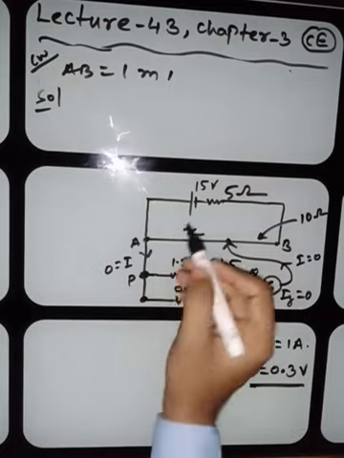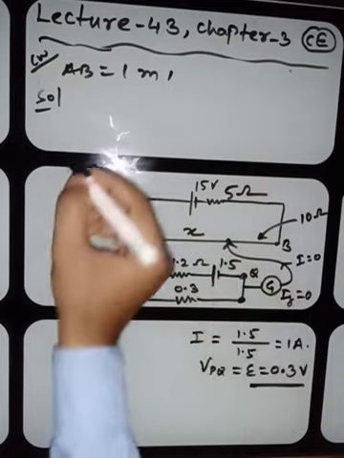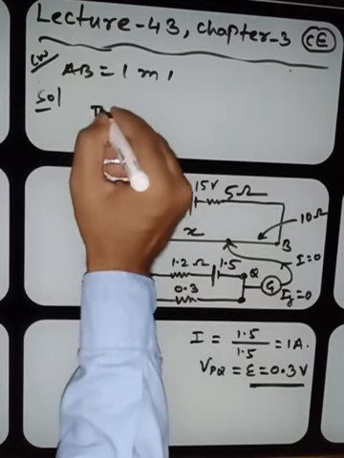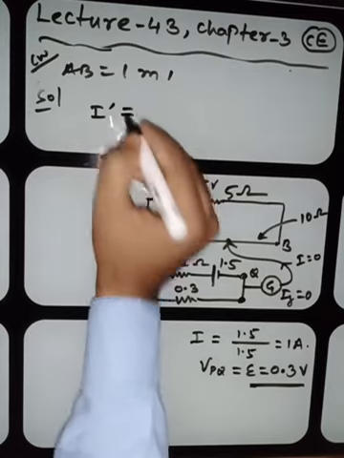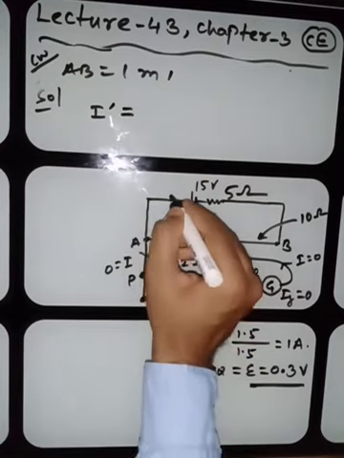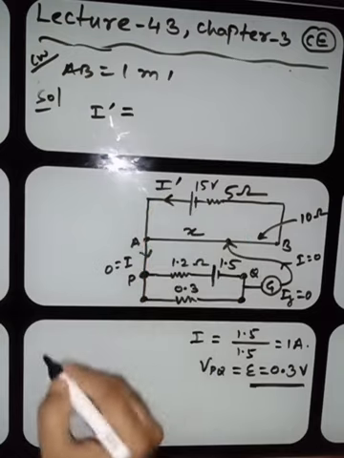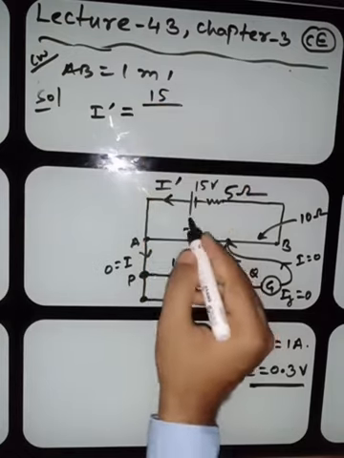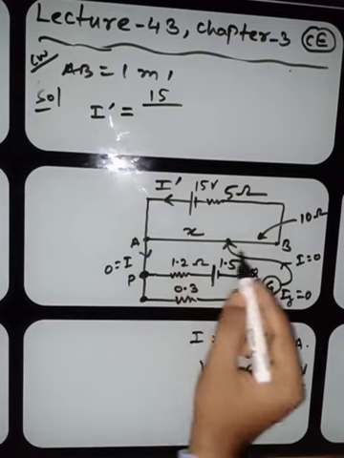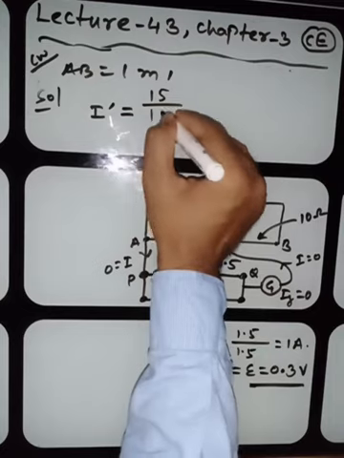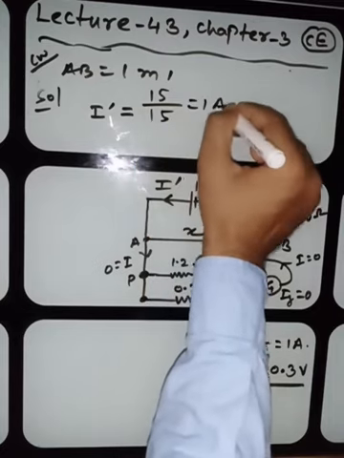Now try to find the current in this network to find phi. I will write the current in this network as I dash, because we have already used I here. I dash is the total potential, 15, divided by the resistance of this circuit, here 10 ohm and here 5, so 15 by 15, it is 1 ampere.